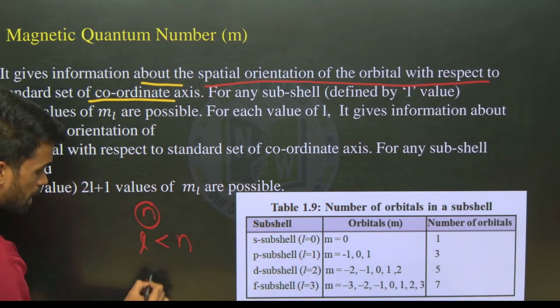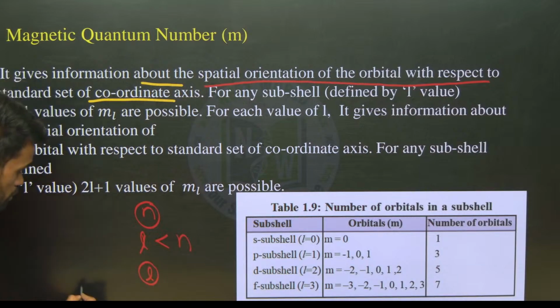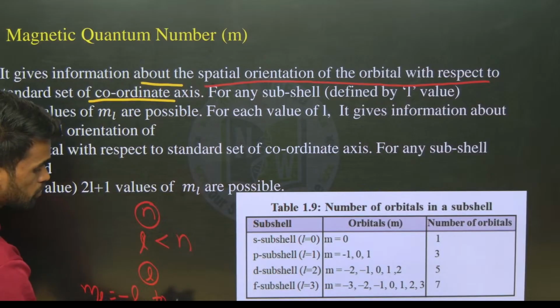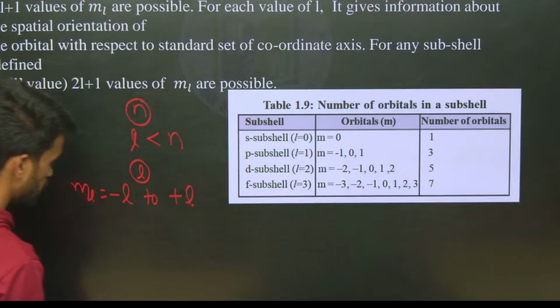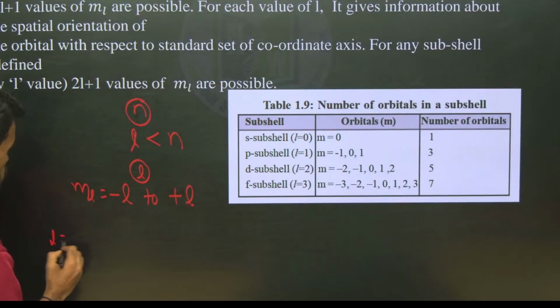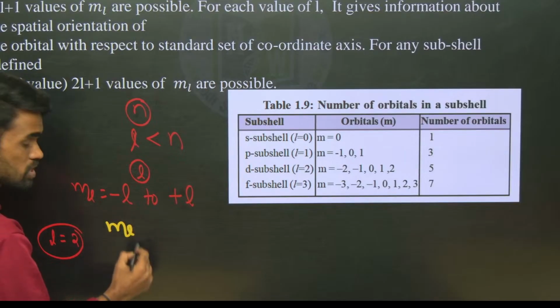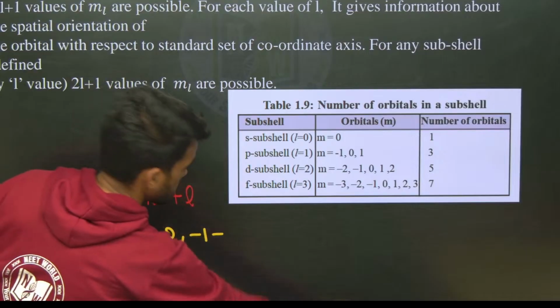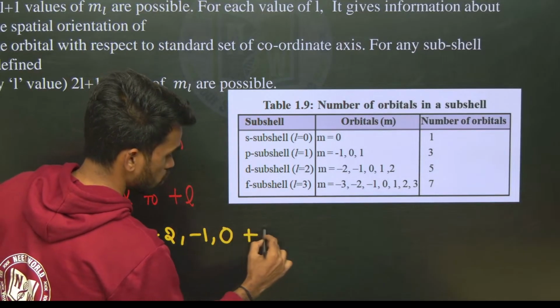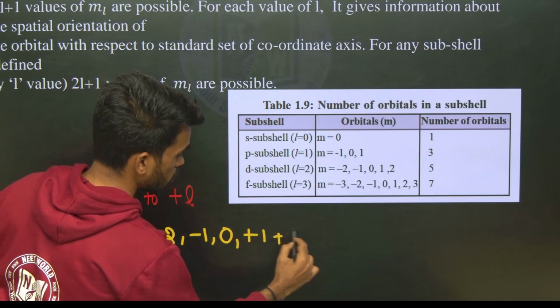So for each possible L value, we have ML values ranging from minus L to plus L. If I say L equals 2, what are the ML values we have? What are the orientations we can get? Minus 2, minus 1, 0, plus 1, plus 2.